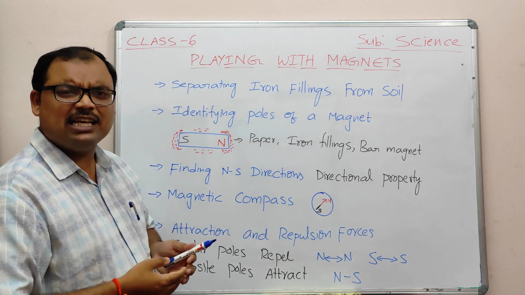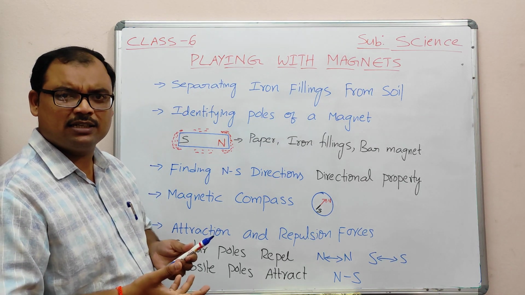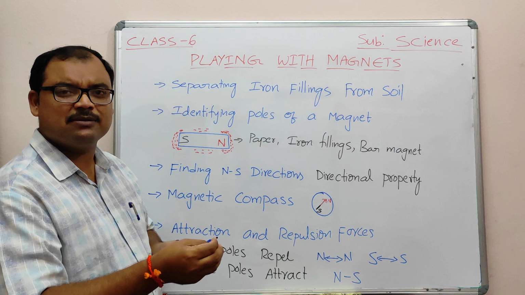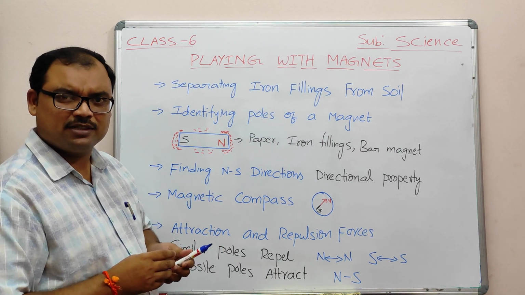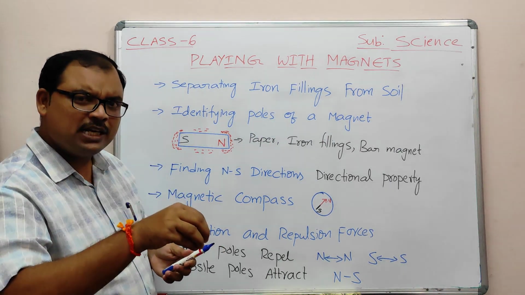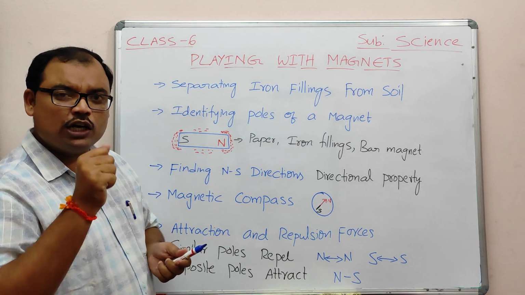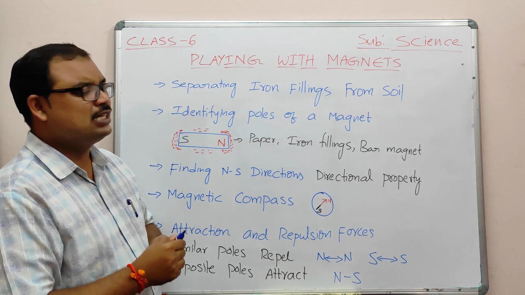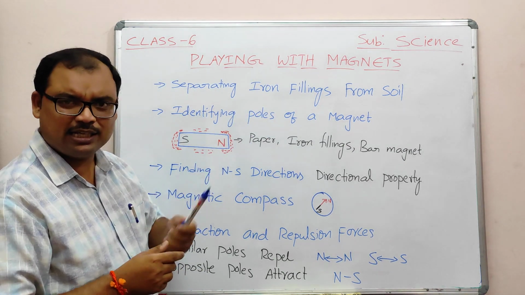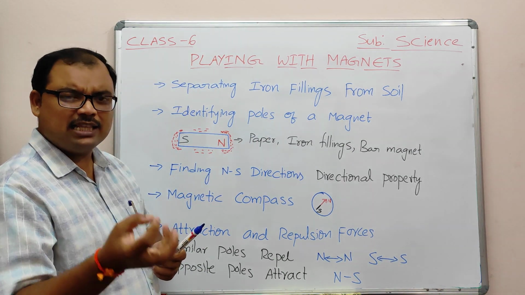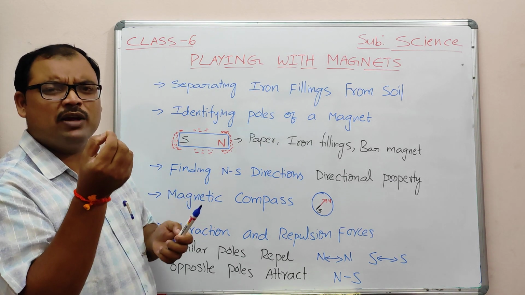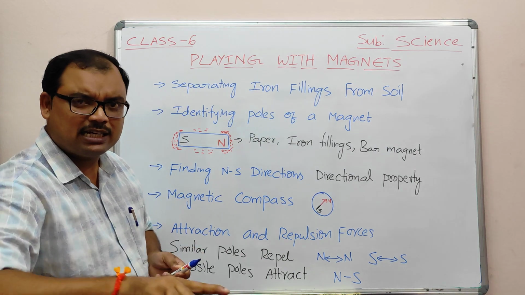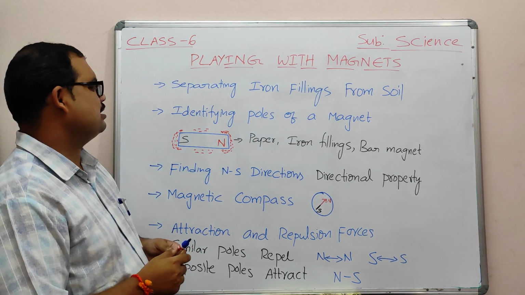Generally, sand particles are not attracted by a bar magnet. Then, when you dropped it into the soil, what are those which are attracted by the bar magnet? Those are iron filings. We cannot see them directly. There are some very small sized iron filings, and those are all attracted by the bar magnet.